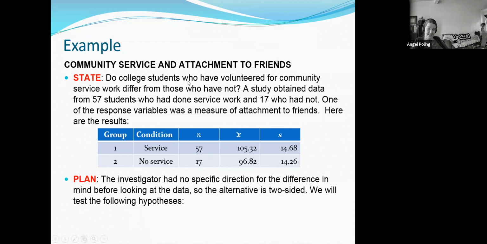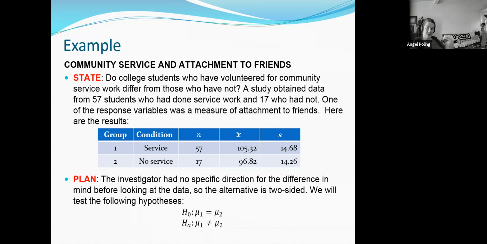We will test the null hypothesis that mu1 equals mu2 against the alternative hypothesis that mu1 does not equal mu2, right? So we believe going in that the true population means are the same. There's no difference in community service and not community service. People are attached to their friends, period. That's why they're friends, right?